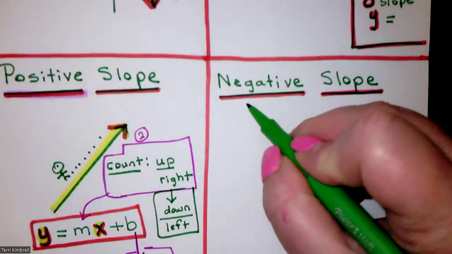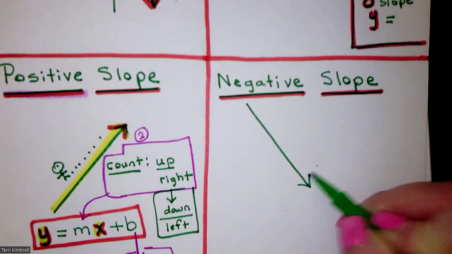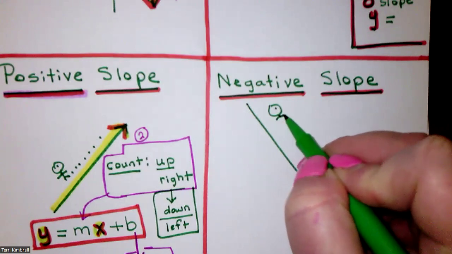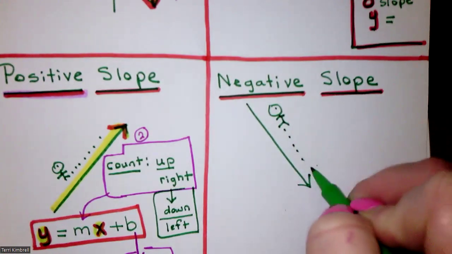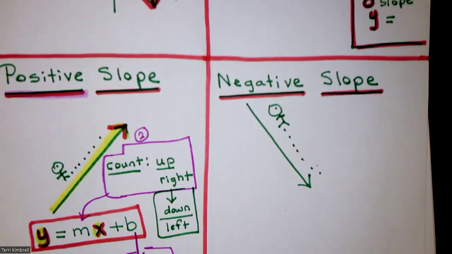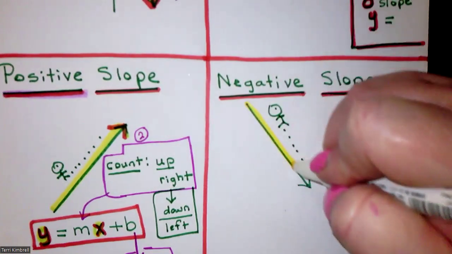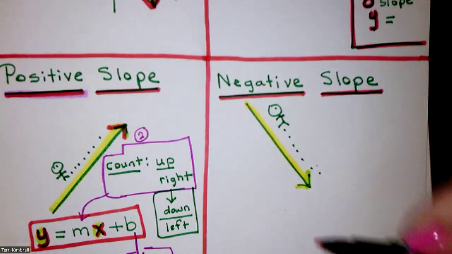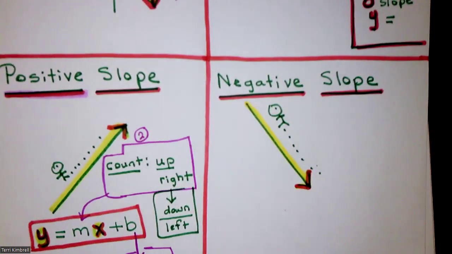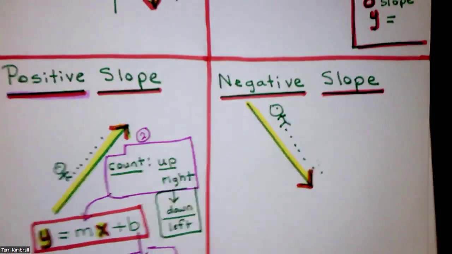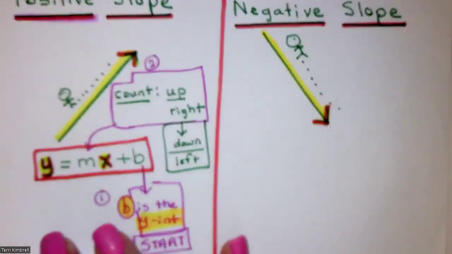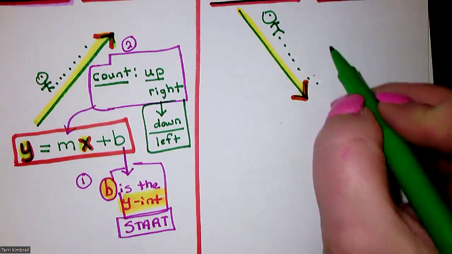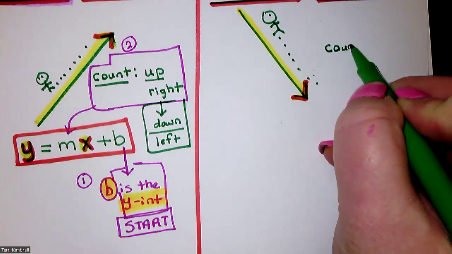Okay, so a negative slope line should be going downward. So it is trending down. So this person is going downhill. So he's going down. And when you look at that, you're going to be counting differently. So instead, when you're counting for your slope this time, you're going to be going down and then right.